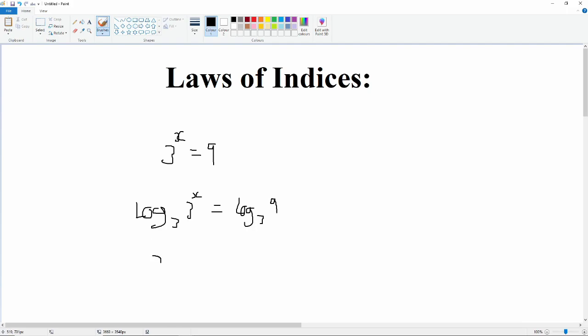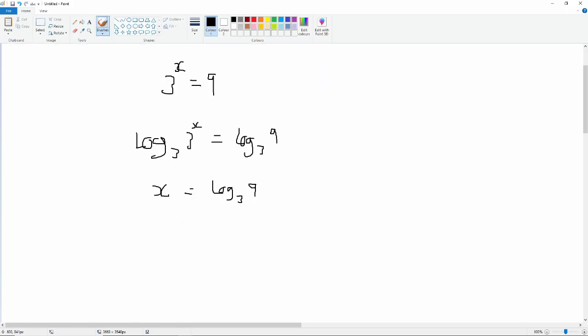So x is equal to the log to base 3 of 9. And how we write that on a calculator, we would say x is equal to log 9 divided by log 3.